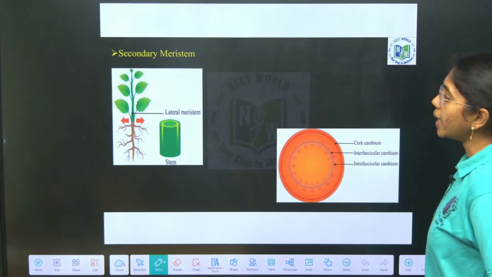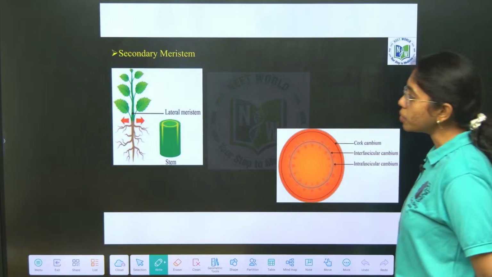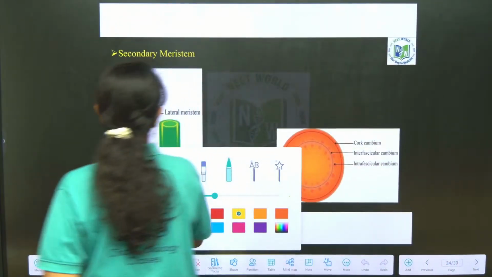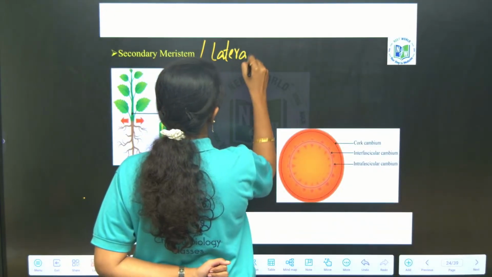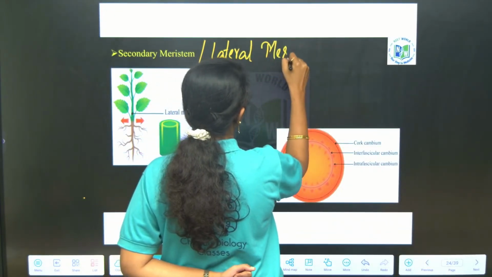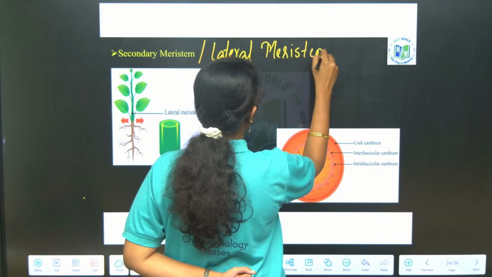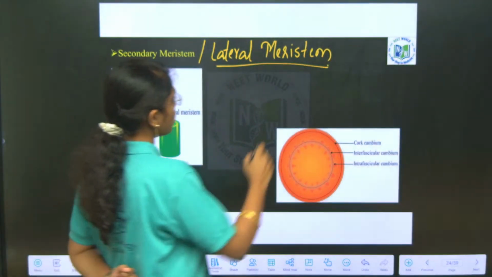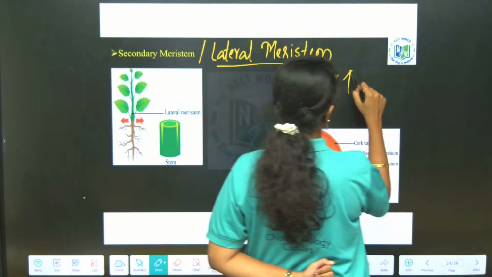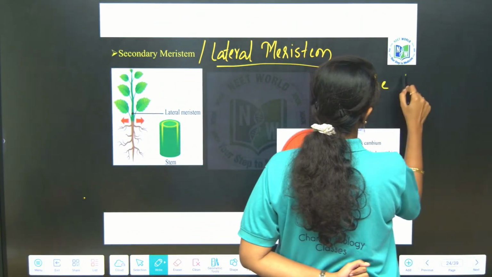Secondary meristem. Secondary meristem is also called what? Lateral meristem, because it appears in the later part of plant life. The ultimate purpose of secondary or lateral meristem is to increase the girth of the plant.